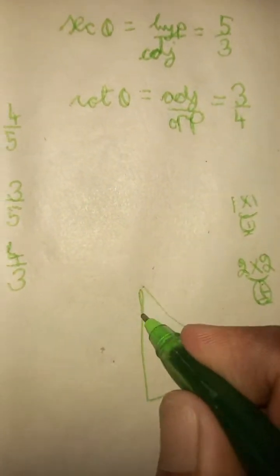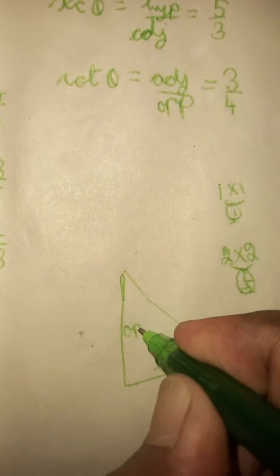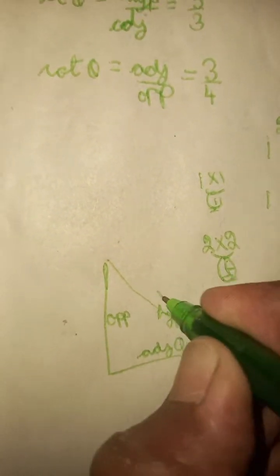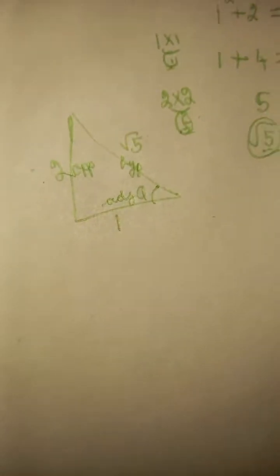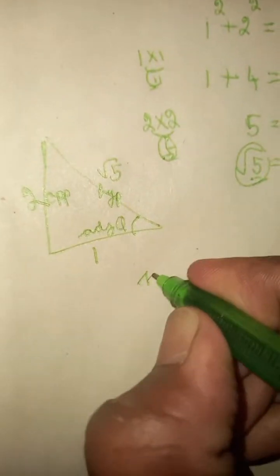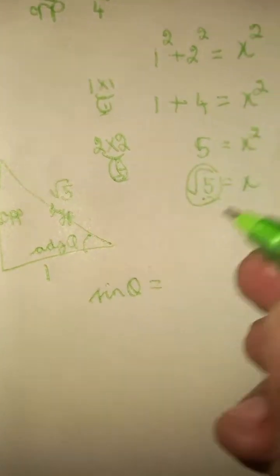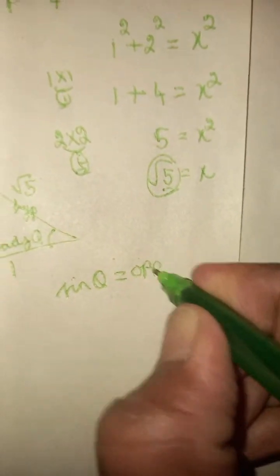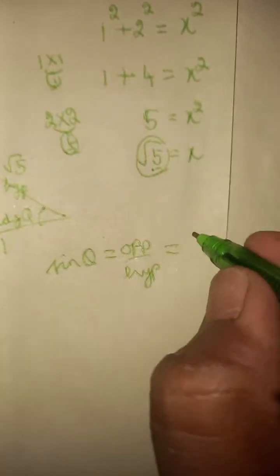After rewriting, this is adjacent, opposite, and hypotenuse: root 5, 1, and 2. Let's find the different trigonometric ratios. First, sine theta is opposite by hypotenuse, which is opposite 2 units, hypotenuse root 5 units, so 2 by root 5.